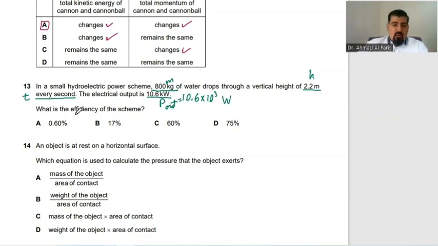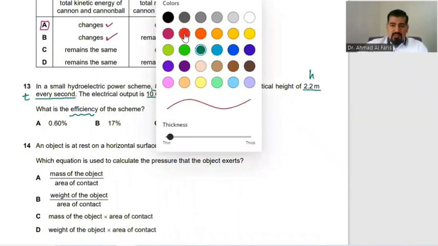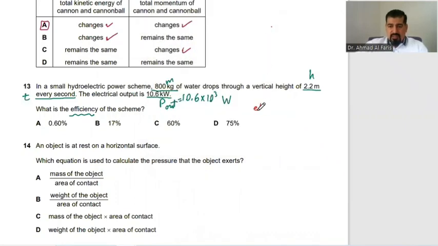What is the efficiency? Now we have to know that there's a formula: efficiency equals power output divided by power input, and the power output is electrical. While the power input is the gravitational potential energy from the water that falls.